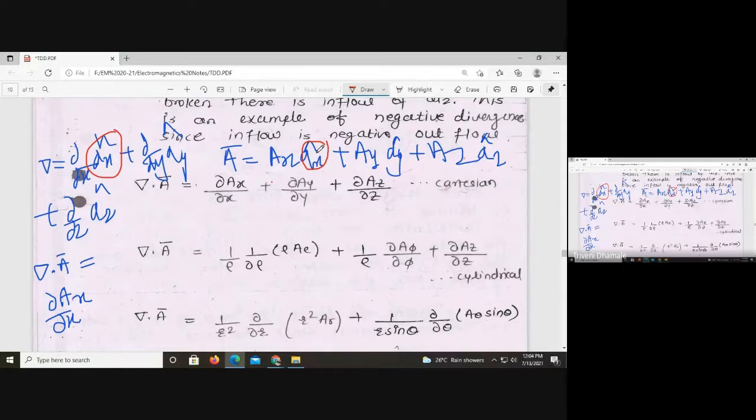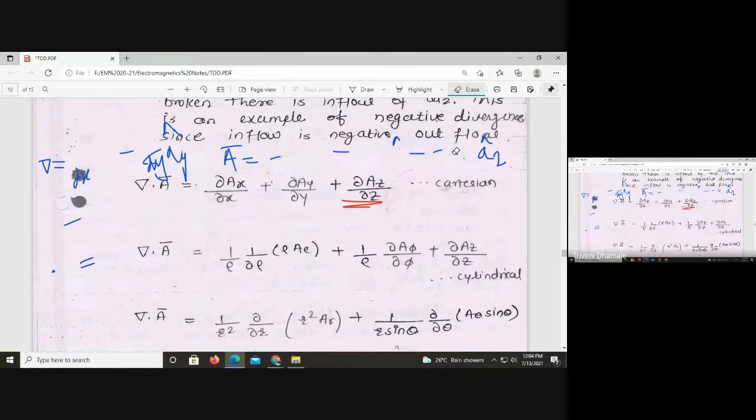So it cancels. Then dabba by dabba x of Ax, where Ax means the magnitude of vector A bar along the x coordinate, x axis. This Ax plus dabba by dabba y of Ay, and plus the third one dabba by dabba z of Az. This is the divergence del dot A bar formula.